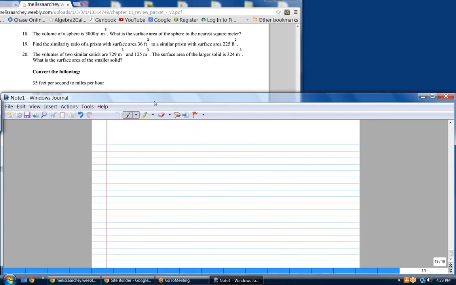Okay, 19. Find the similarity ratio of a prism with surface area 36 square feet to a similar prism with surface area of 225 square feet. Wouldn't you just do 36 to 225? Well, it's important that we know what similar square pyramids mean, and that they have to be exactly the same shape.